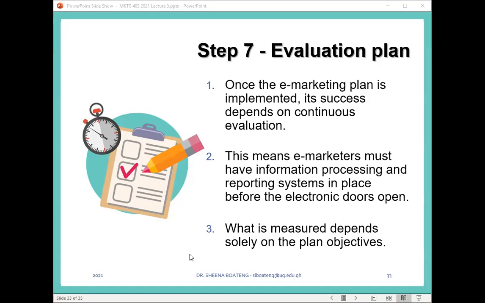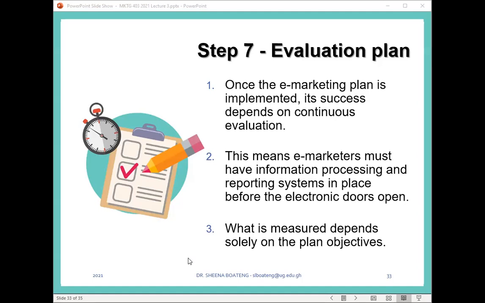So e-marketers must put in place measures to process all the information that they will be gathering throughout the e-marketing plan implementation stage, right? Such that they can see where they have fallen short and agree on what measures to put in place to ensure that there is a process in terms of how the firm goes about identifying where it falls short and addressing these shortcomings.